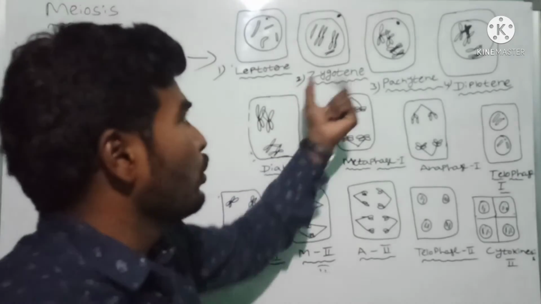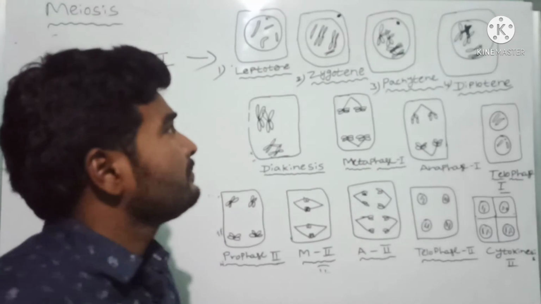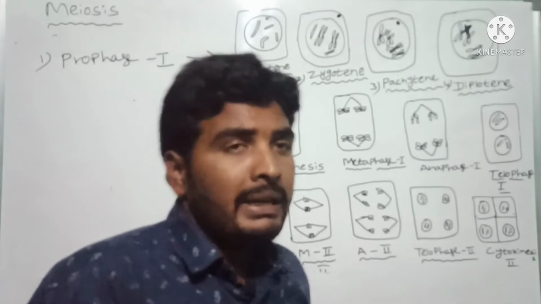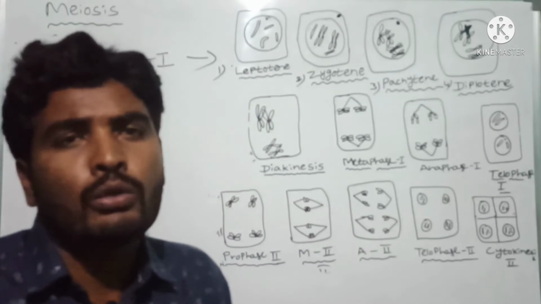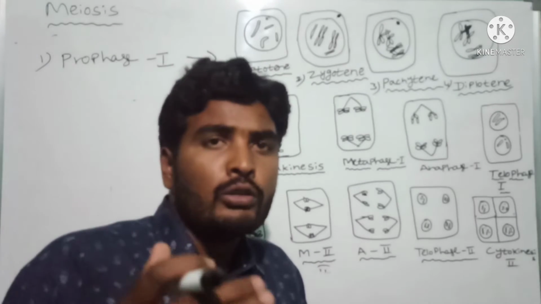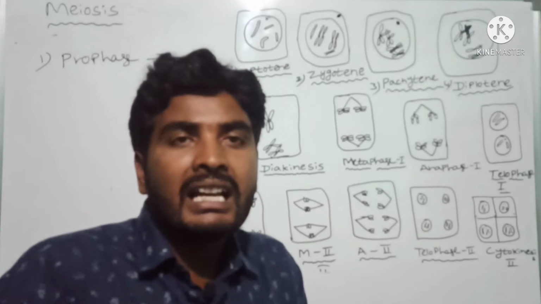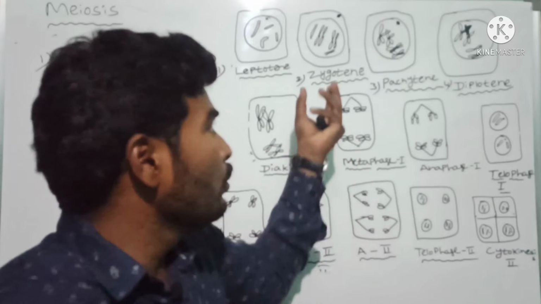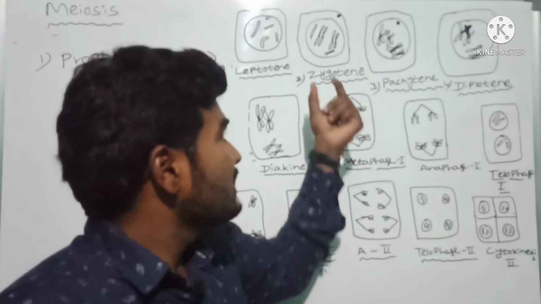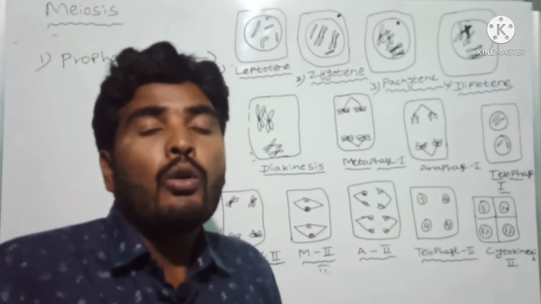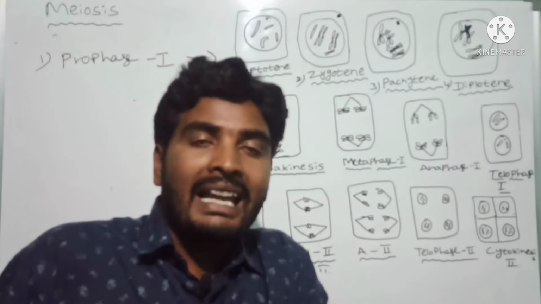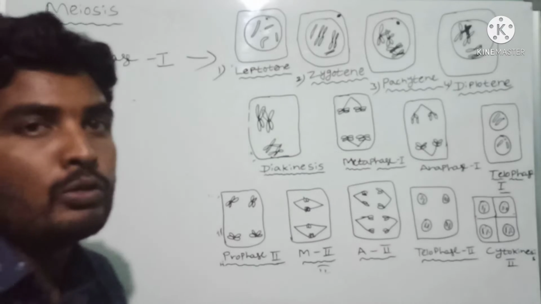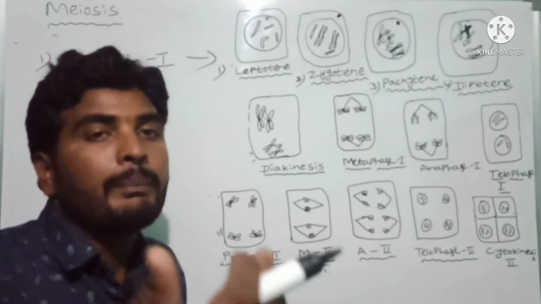Now second one, zygotene. In this zygotene, the homologous chromosomes are visible. First of all, what are homologous chromosomes? If the chromosomes are identical in size, structure and behavior, they are called homologous chromosomes. In the zygotene stage, homologous chromosomes start pairing together.